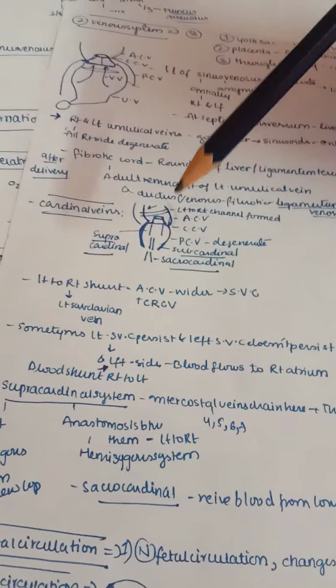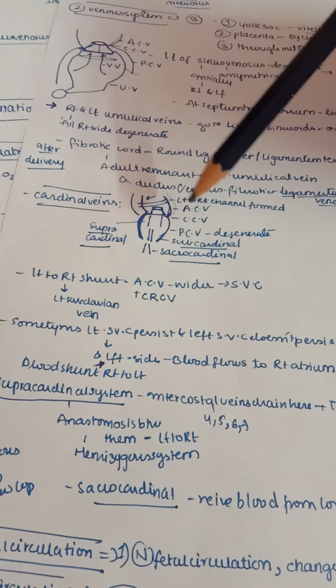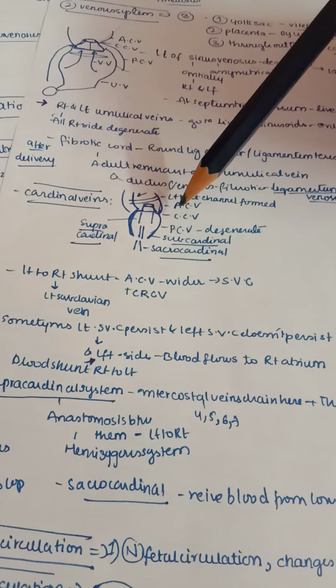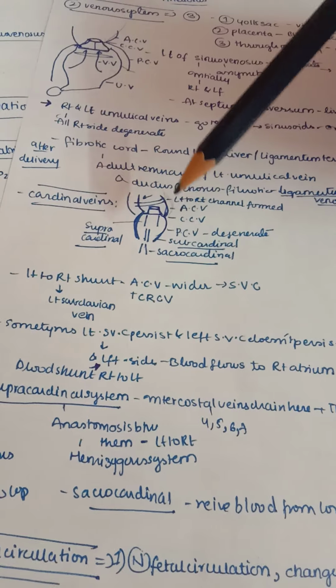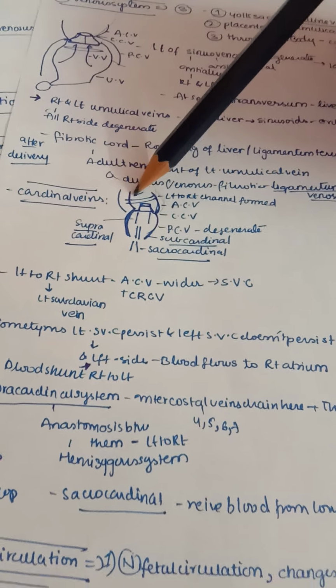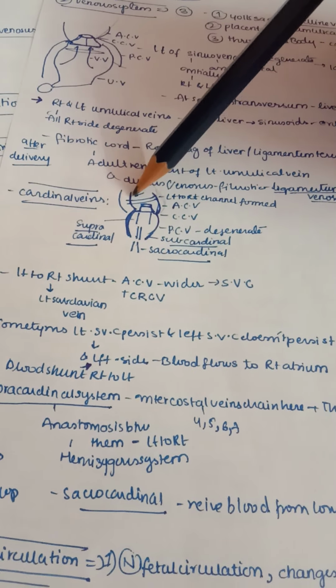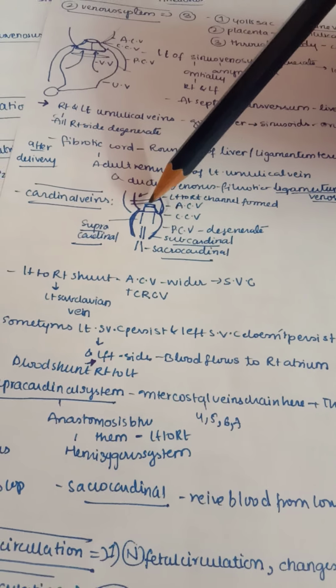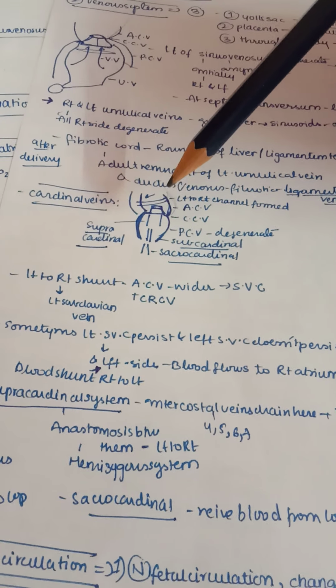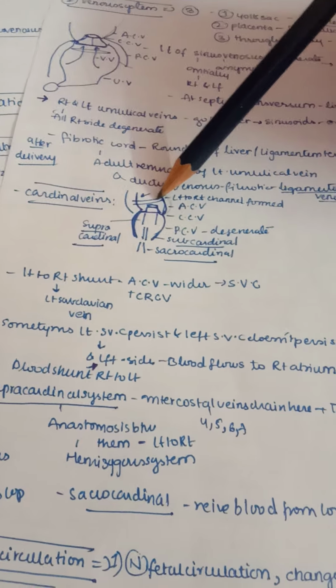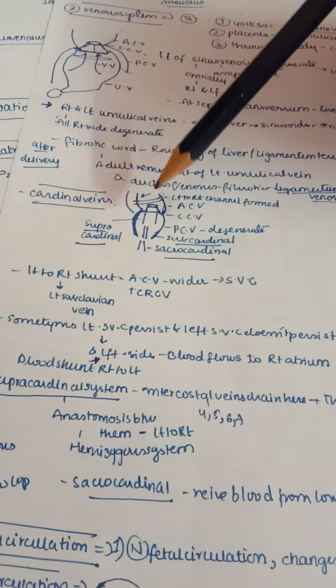It is mainly from the anterior cardinal vein, which gives rise to the superior vena cava, and also the right common cardinal vein is involved. So the right common cardinal vein along with the anterior cardinal vein gives rise to the formation of the superior vena cava, and the shunt gives rise to the left subclavian vein.